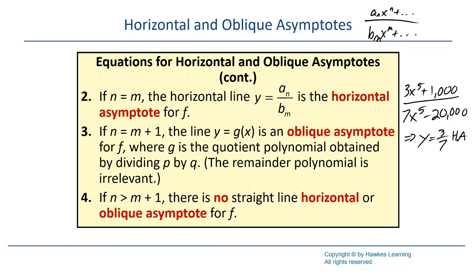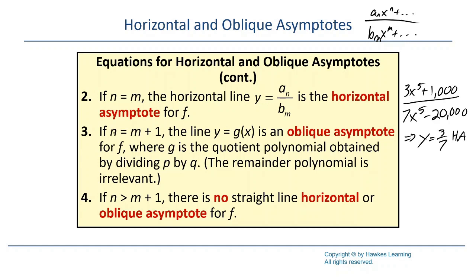You're not going to have two horizontal asymptotes or two oblique asymptotes. You can have multiple vertical asymptotes because you can have multiple places where it's discontinuous. But horizontal asymptotes can only have one value per function, because of how they're made, since we're looking at the leading coefficient and the highest power.